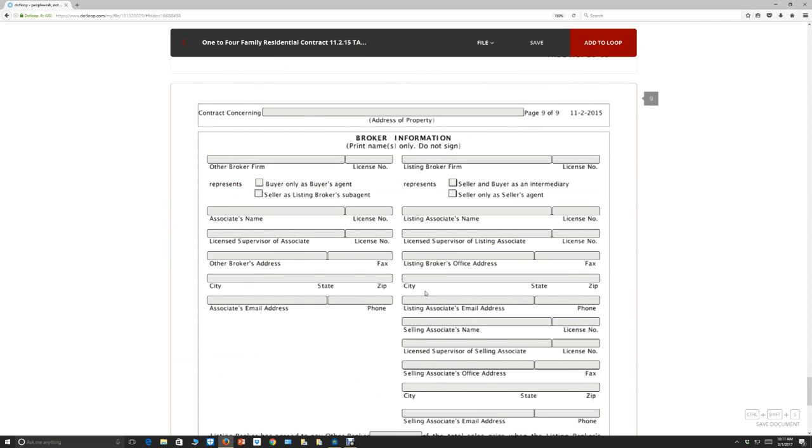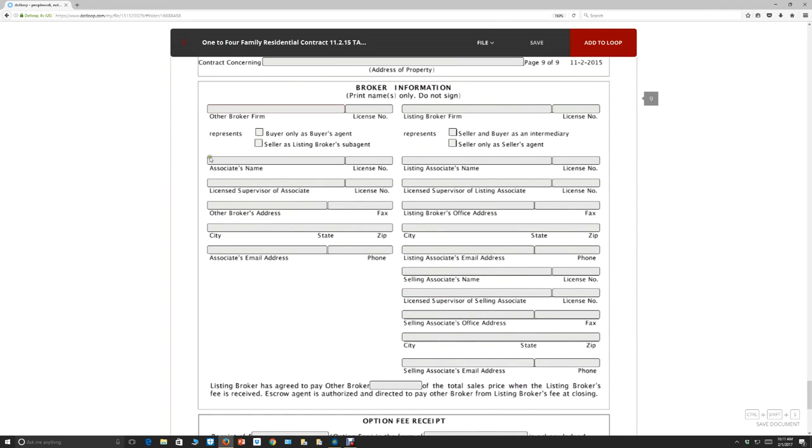Now let's go down to this part. If you are the seller, you are the seller only as seller's agent, unless the buyer also is represented by an agent out of this office. It's not any Keller Williams, it's only our office, because offices are independently owned and operated.